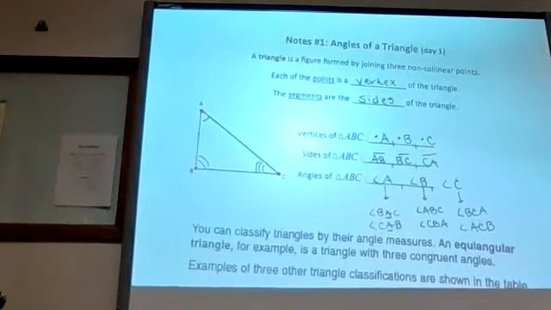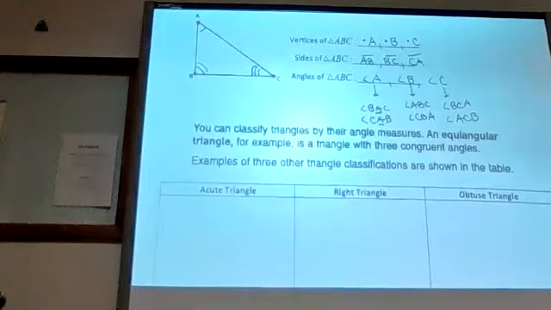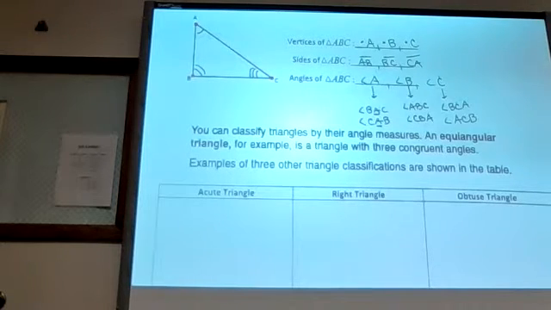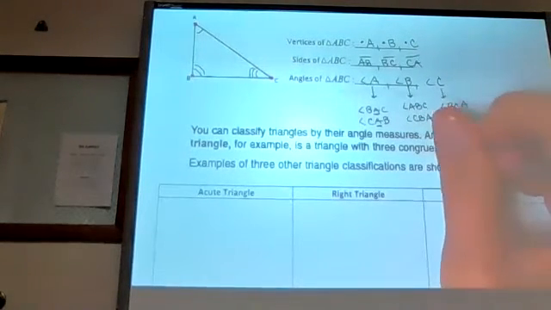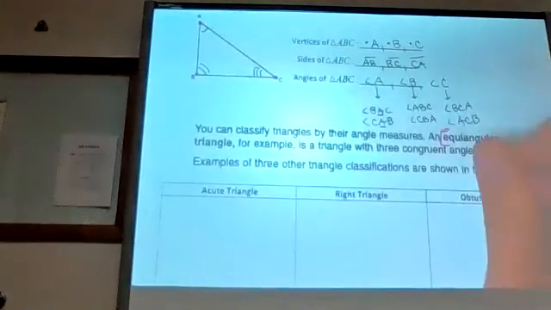So we can classify triangles by their angle measurements, okay? For example, because this one's not listed down below, so you may want to underline this. An equiangular triangle is a triangle with 3 congruent angles.